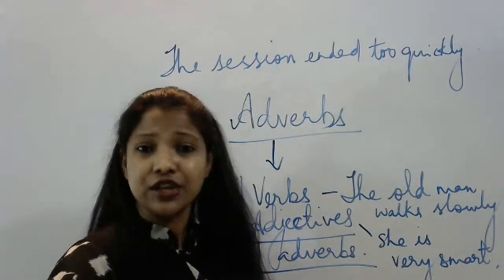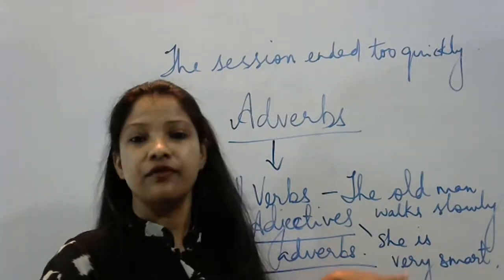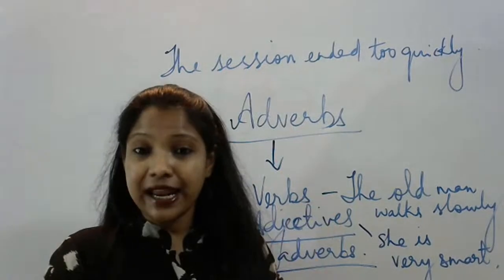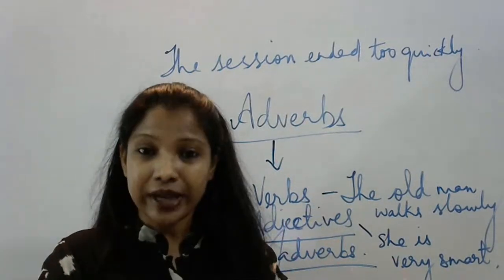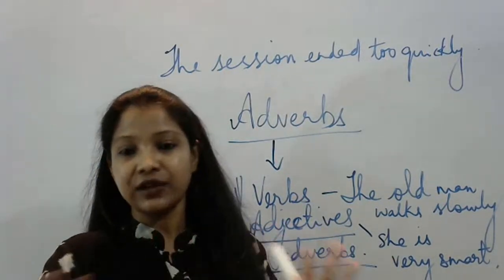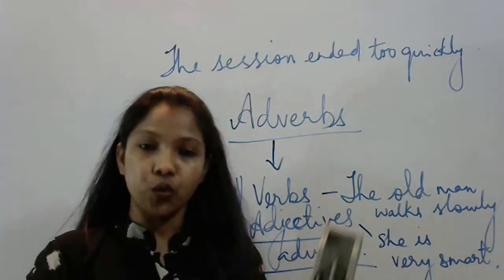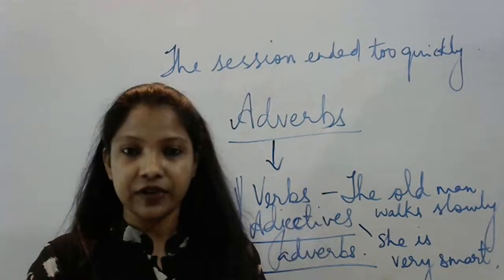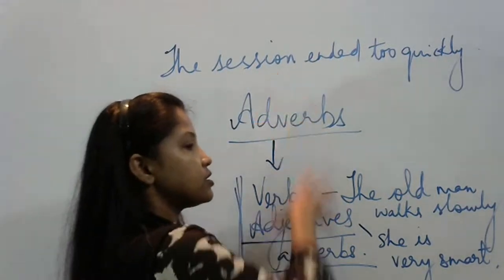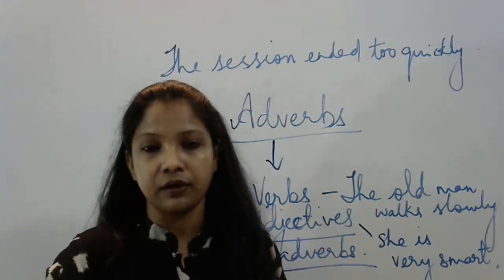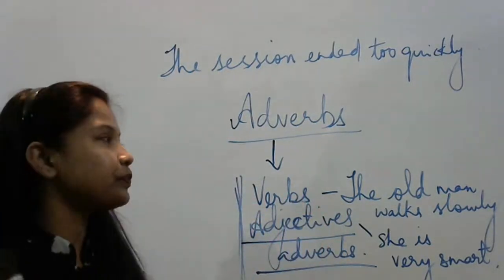How smart is she? She is very smart. How quickly did the session end? It ended too quickly. I hope adverb is clear, though adverb will take a lot of time to be explained, but this is just in a nutshell, in brief, about adverbs.